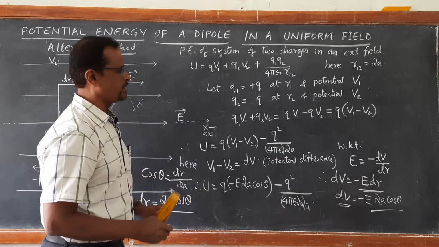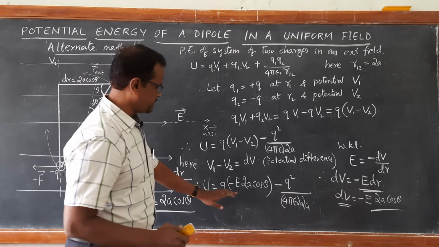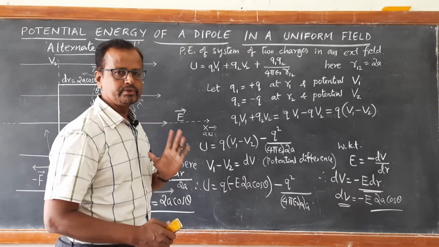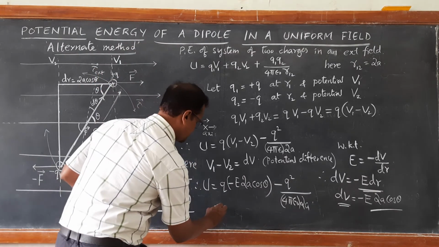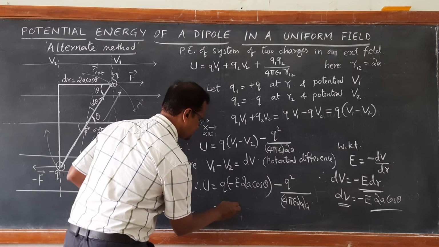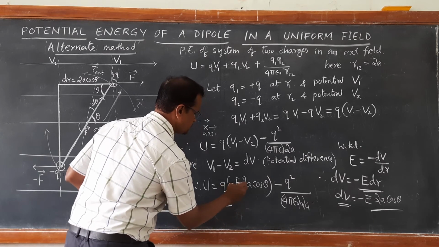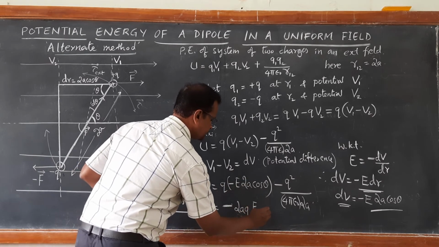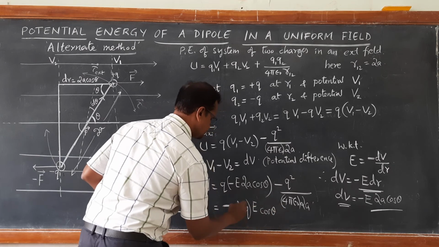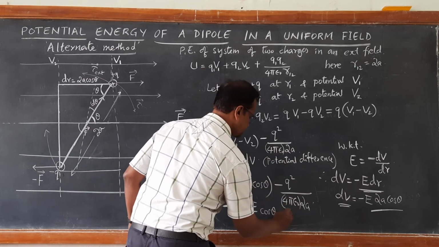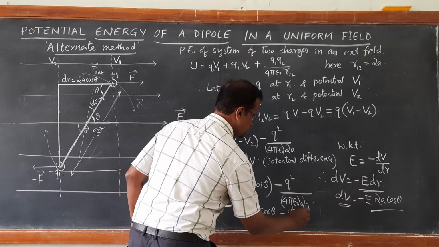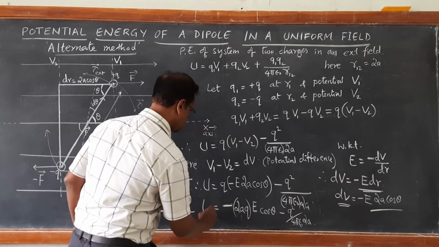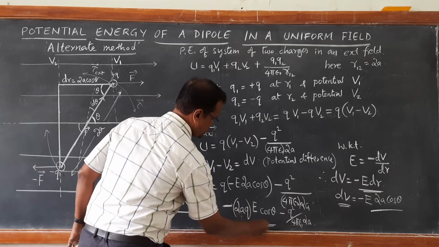When you modify this, it can be written with 2aq, and we know 2aq is P. So taking the minus outside, minus 2aq into E into cos theta, minus q square upon 4 pi epsilon naught into 2a. This becomes the expression for potential energy.